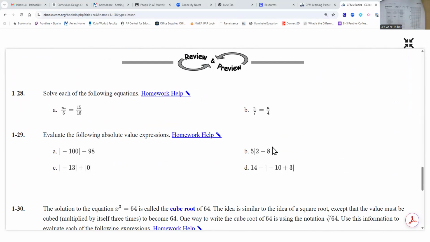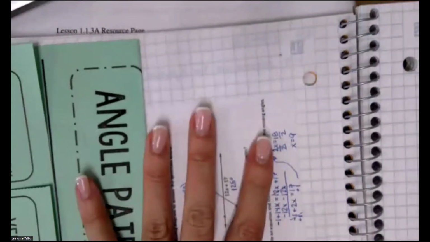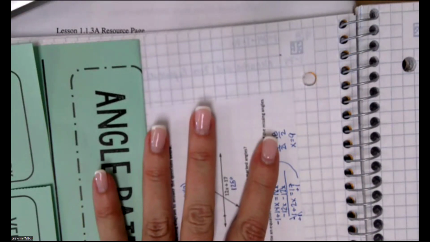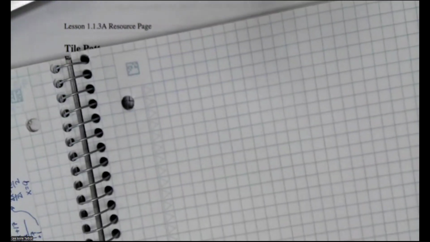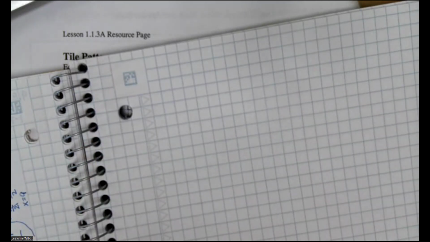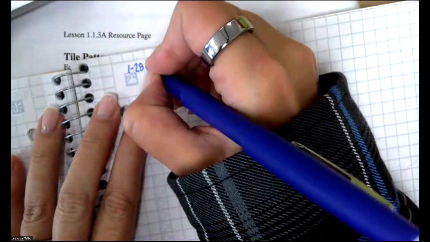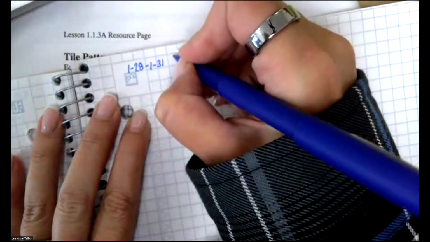Okay, this is what I would like you to do. I would like you to go in your notebook where you have this. This is why I said not to put it away. I want you to go to the next page or wherever you have room. If you're using loose pieces of graph paper, just grab a new piece at this point. And you're going to write 1-28 to 1-31.